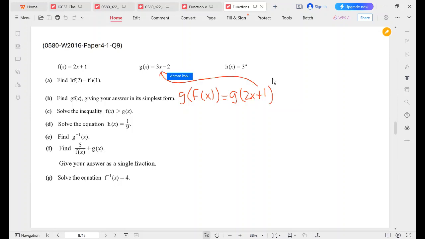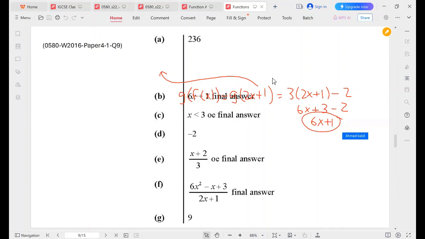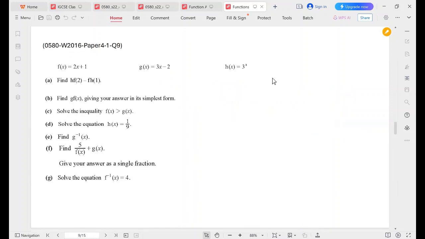So we get 3 times 2x plus 1 minus 2. And this is 6x plus 3 minus 2, which is 6x plus 1 as a final answer. Let's check the marking scheme. We have 6x plus 1 in the marking scheme as well.